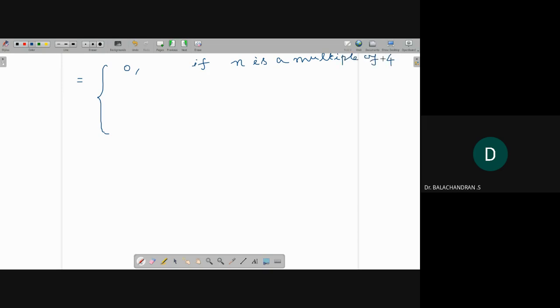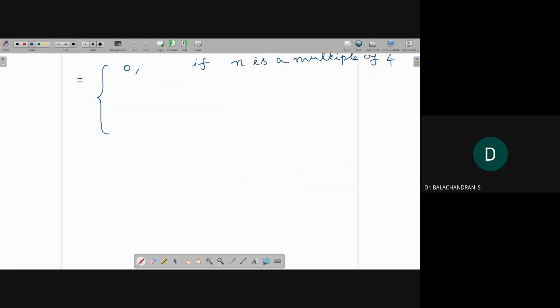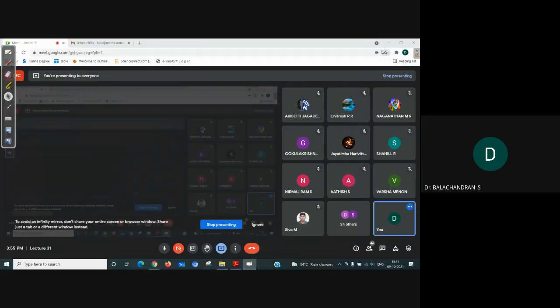So now, what is the other case here? If n is a multiple of 4, then it is 0.